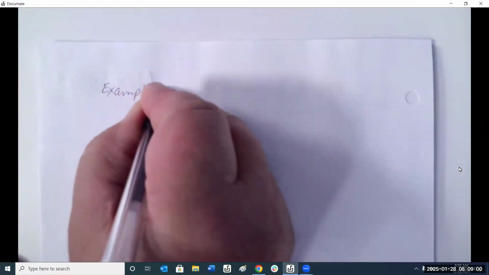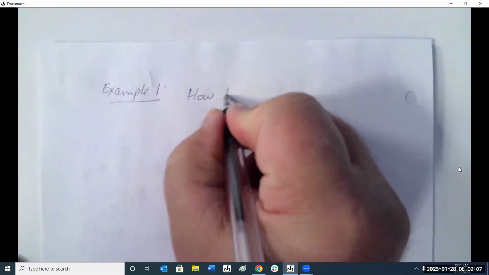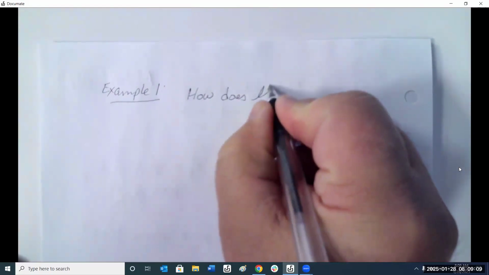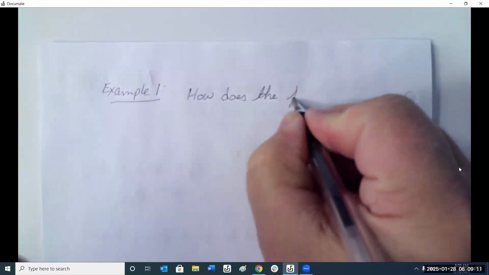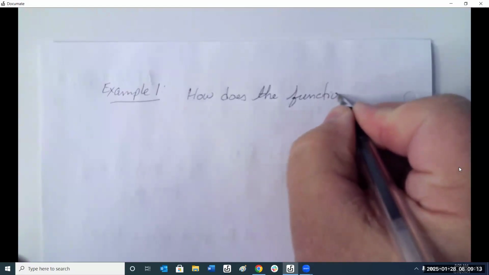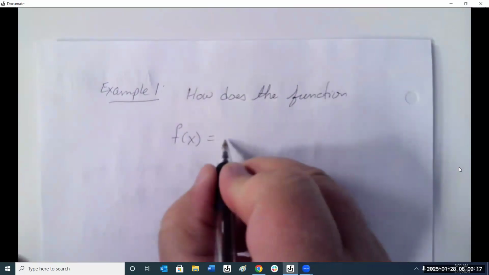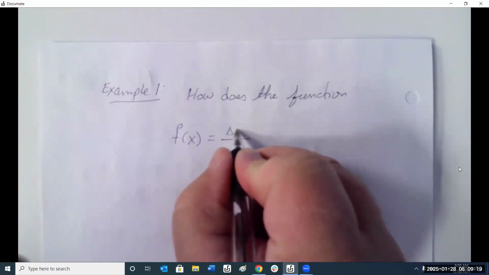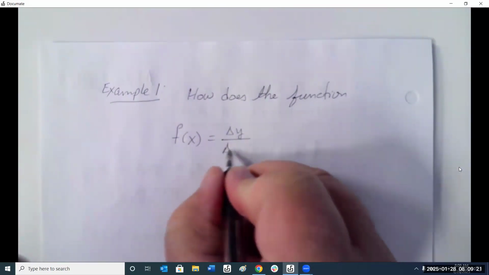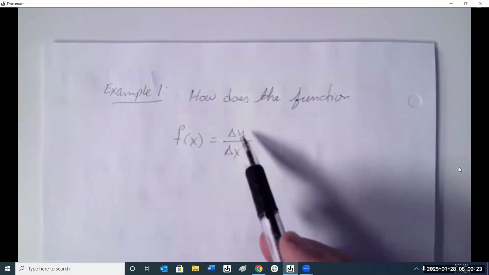So example 1. How does the function f of x... okay, so we know that we're talking about what does this represent?